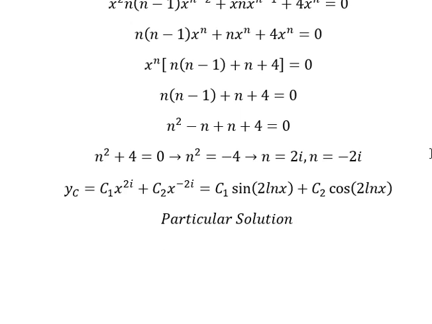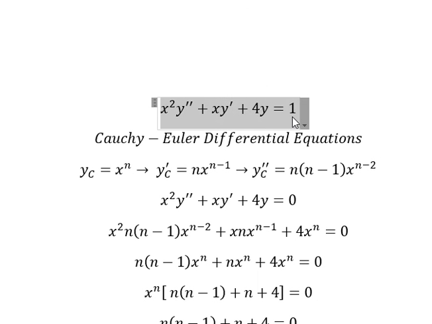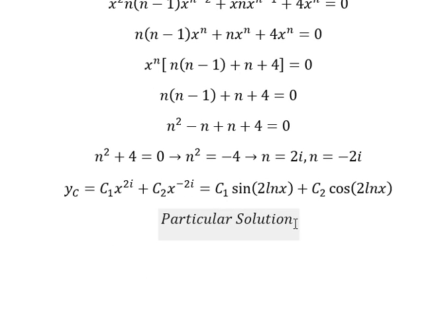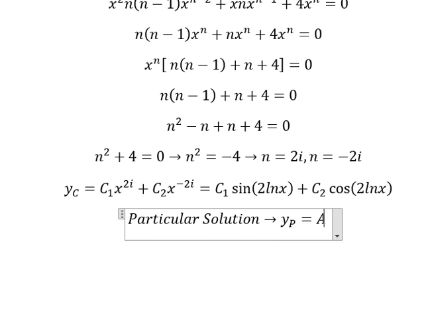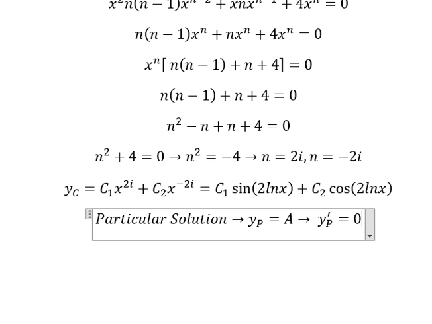So if we look carefully at this equation, this is equal to 1. This is the constant. So yb in here equals a. But if we do first derivative of the constant, you get 0.